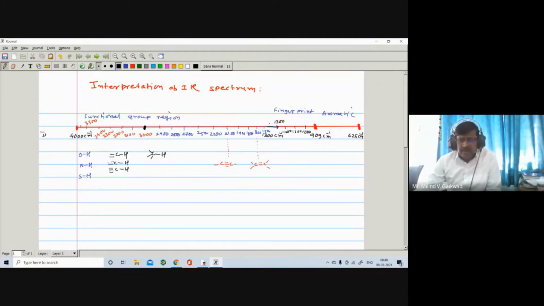Getting a band at 1100, which is in the fingerprint region, is due to the carbon-carbon single bond.